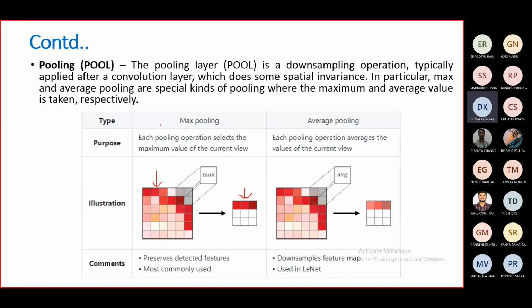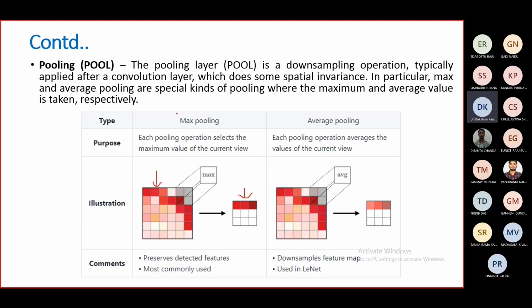This is applied after the convolutional layer, and it can provide some spatial invariance. Spatial invariance means that when we reduce the dimension of the feature map, the reduced feature map will still contain all the properties of the previous feature map. That is why it is called invariance.